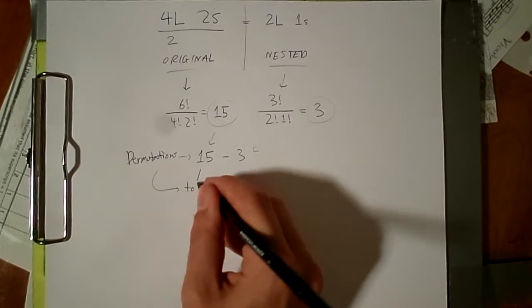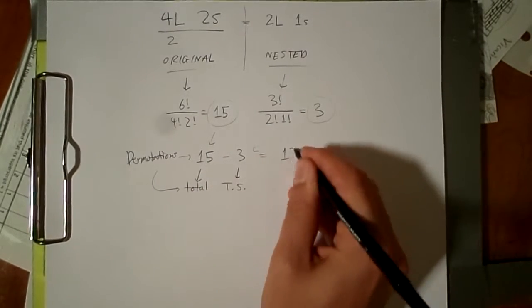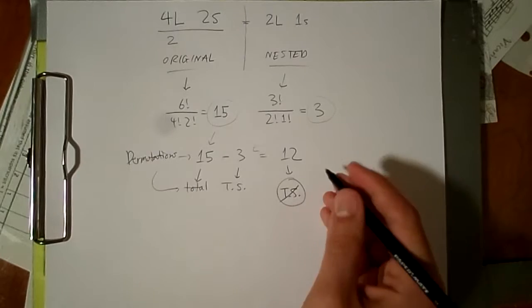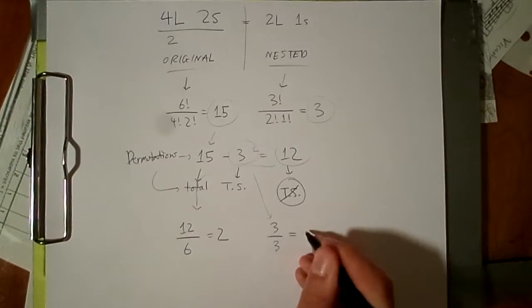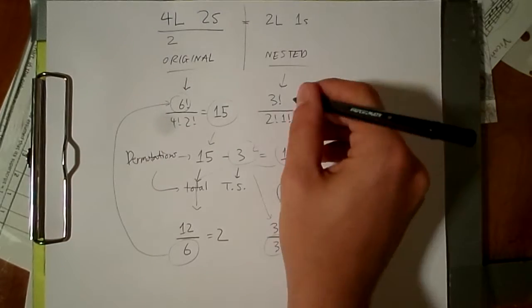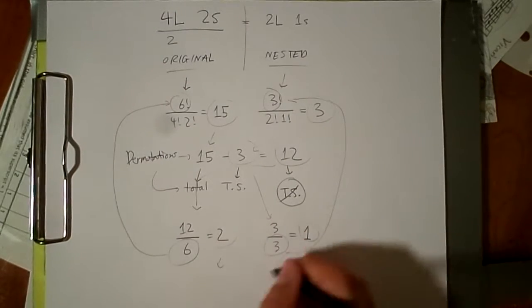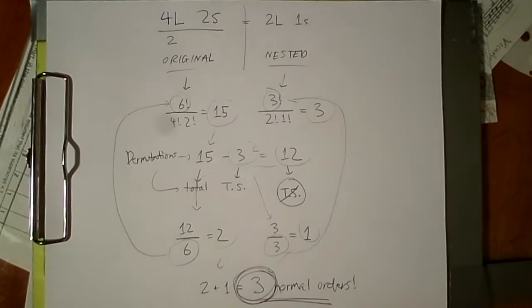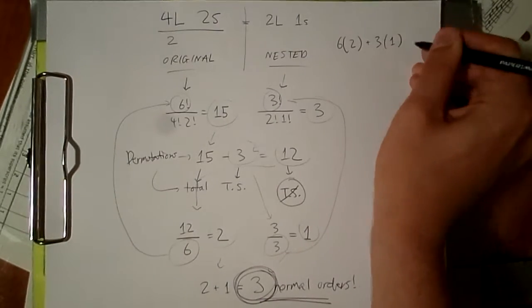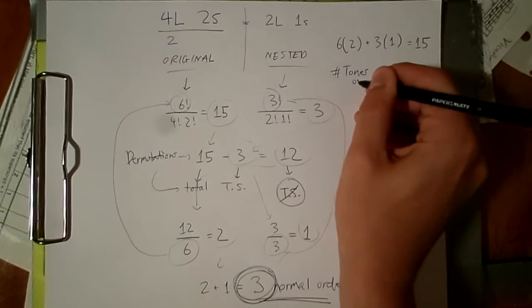Once we split the permutations into these two groups, affected and unaffected by transpositional symmetry, we can then divide each by the number of tones according to the two sets. See how the unaffected permutations divide by 6 now, and the affected permutations divide by 3. 6 tones are in the original set and 2 tones are in the nested set.